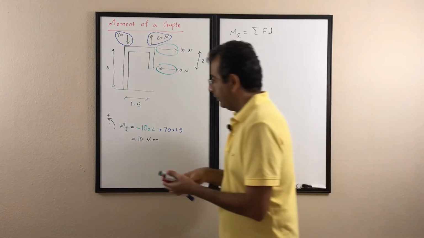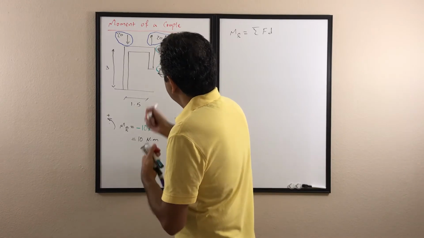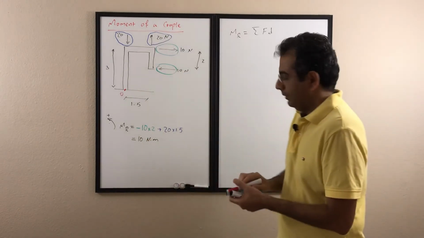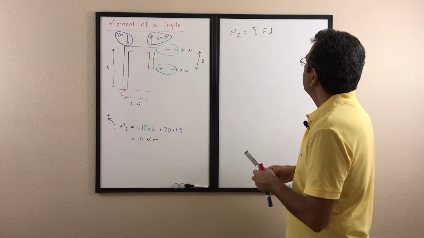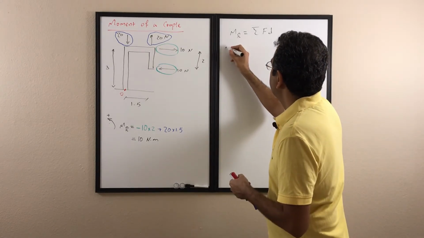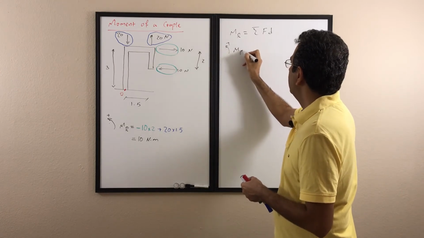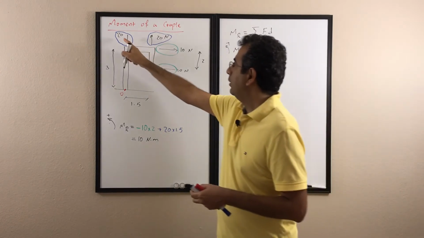Here I calculate everything about point O. Again, I assume counterclockwise is positive, so M_R, I start from the top here.